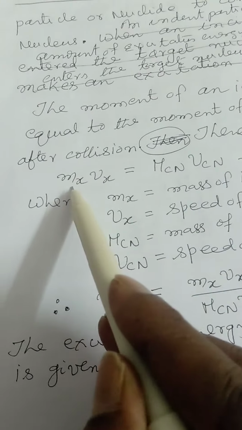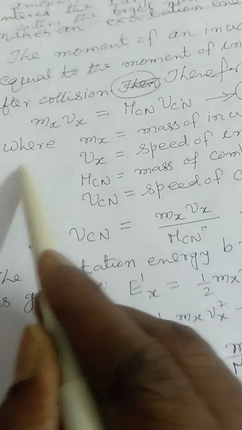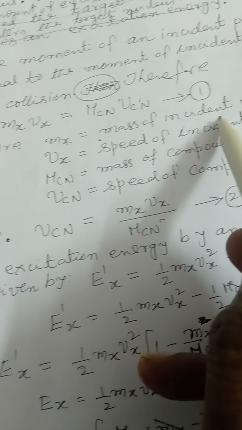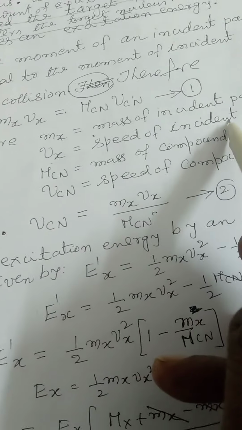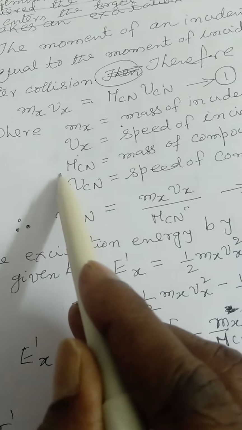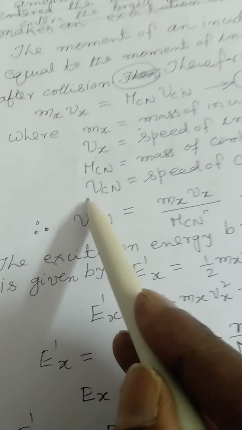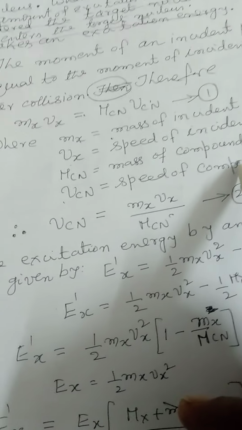Therefore, mx vx is equal to Mcn Vcn, where mx is the mass of the incident particle, vx is the speed of the incident particle, Mcn is the mass of the compound nucleus, and Vcn is the speed of the compound nucleus.